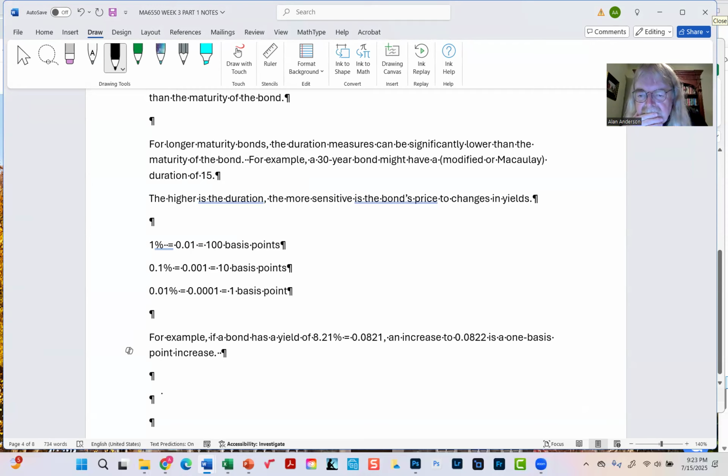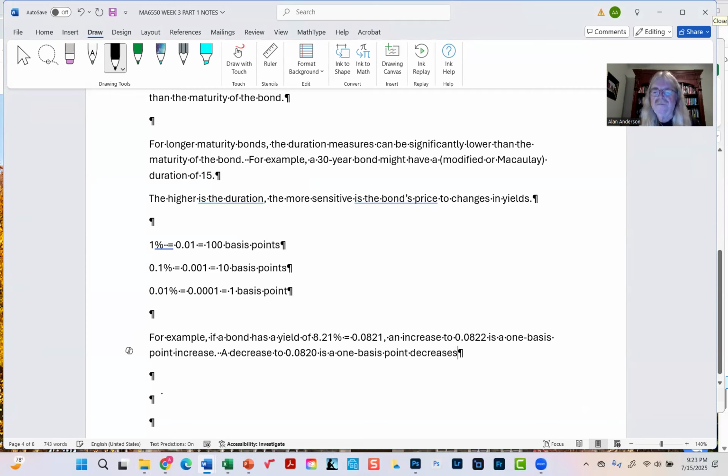And of course, a decrease to 0.0820 is a 1 basis point decrease.